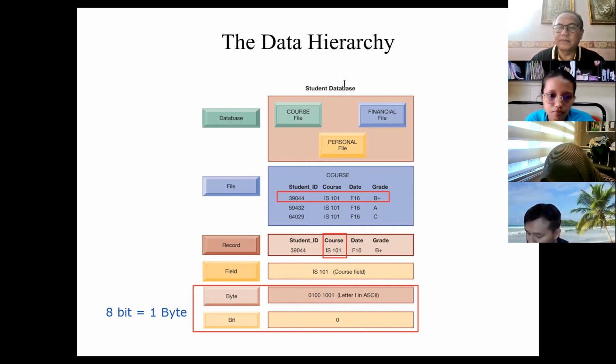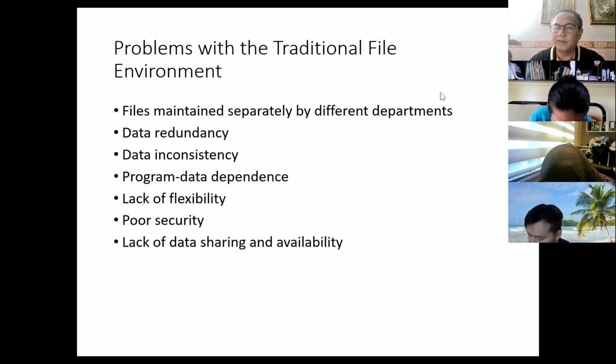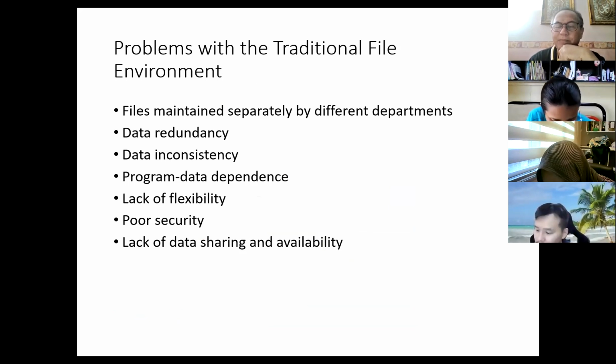Okay. So we have a problem with the traditional file environment. Traditional file environment does not refer to the old physical file, it's still an electronic file. But these files are maintained separately by different departments. So because it is maintained separately by different departments, we have data redundancy.